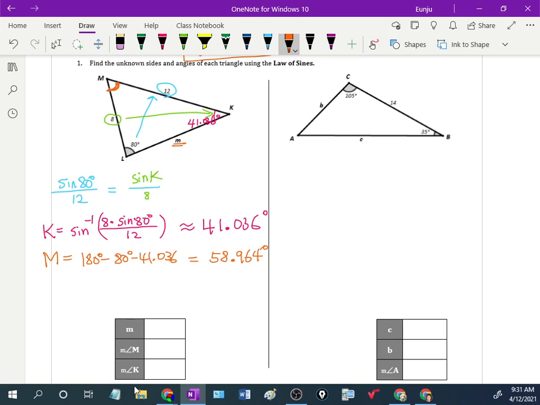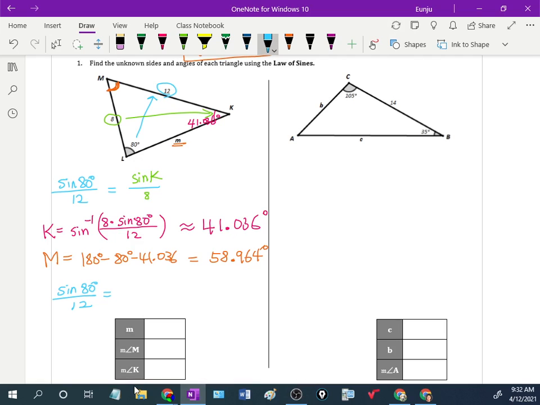And this m is for the length of the opposite side, right? So to do that, I need to use the law of sines once again. So let me use the same law of sines. This is given, right? So sine 80 degrees and opposite side 12 has the ratio. That ratio is exactly the same as sine of uppercase M over lowercase m.